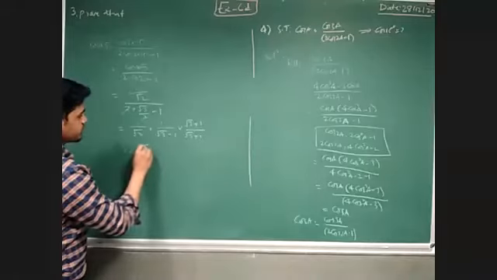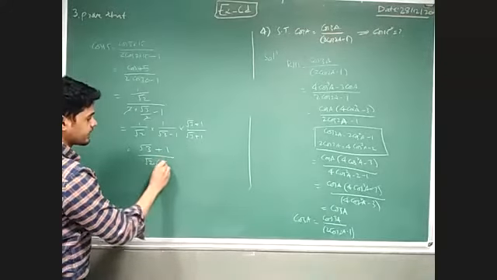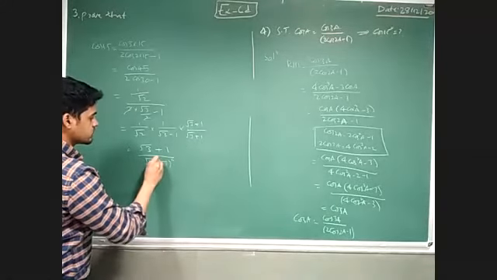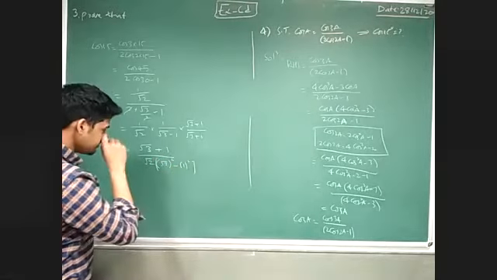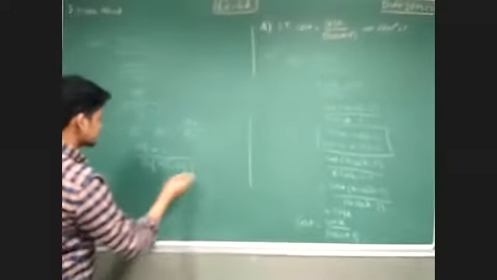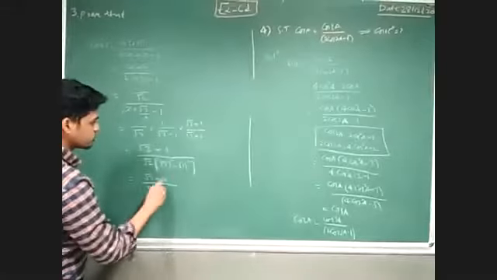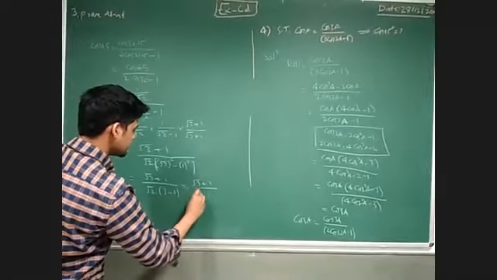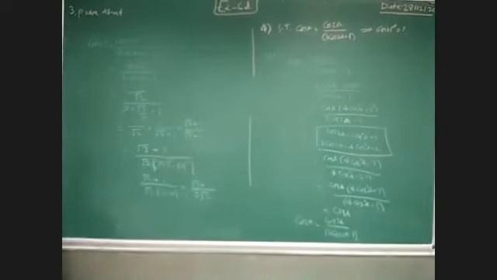So here I will have root 3 plus 1 in the numerator and root 2 in the denominator. Now this term will be root 3 square minus 1 square, that is 3 minus 1, which is 2. So that is root 3 plus 1 by 2 root 2. Okay, so this is the answer of cos 15.